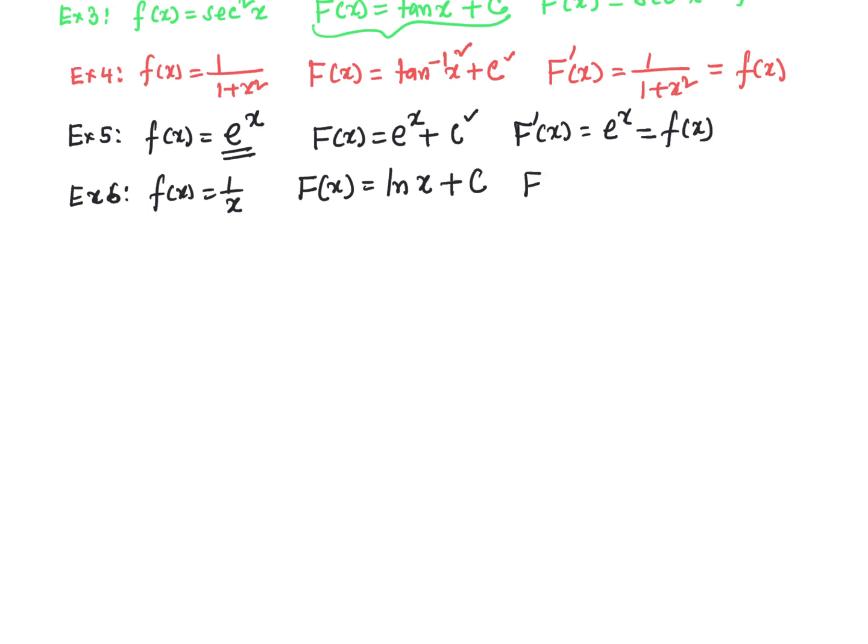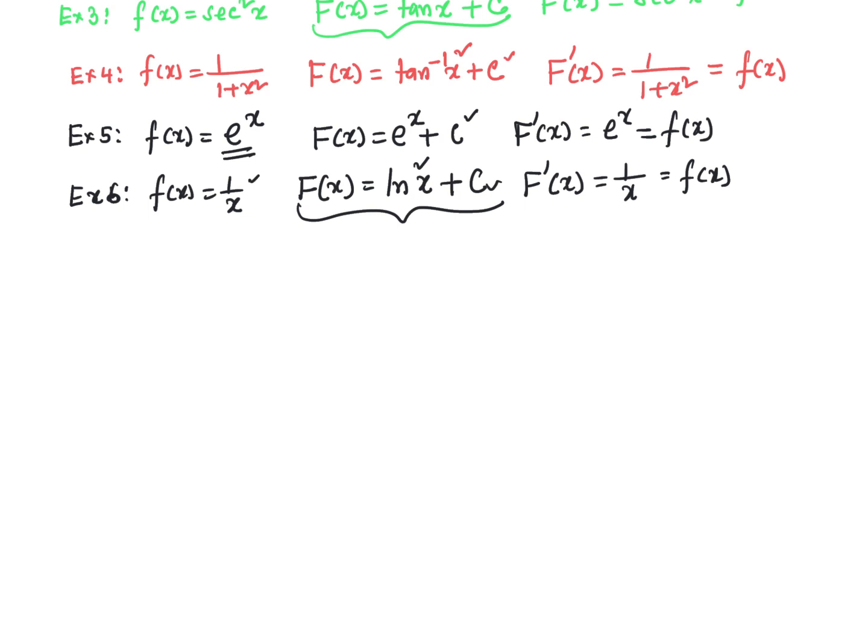Now if I take F prime of it, I get the derivative of ln of x, which is 1 over x, plus the derivative of the constant, which is 0. So that's my f of x. So ln of x plus c is an antiderivative of 1 over x.